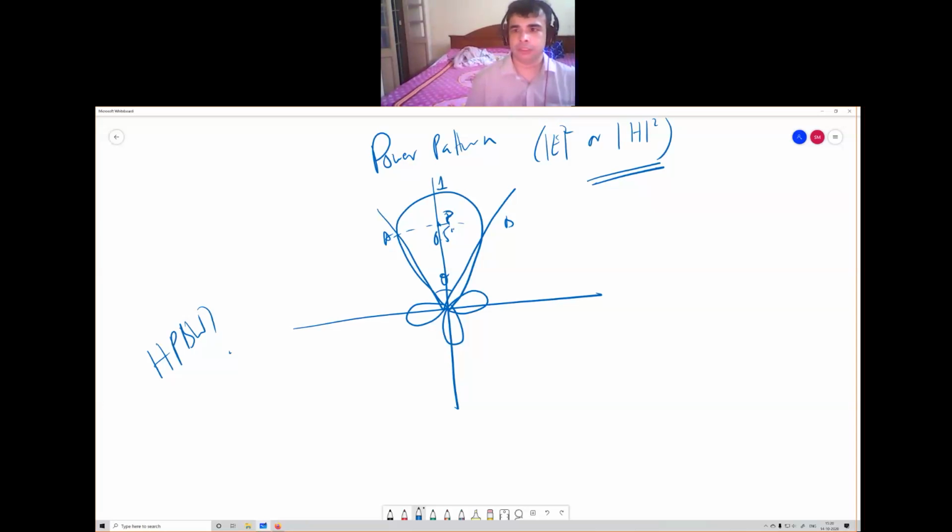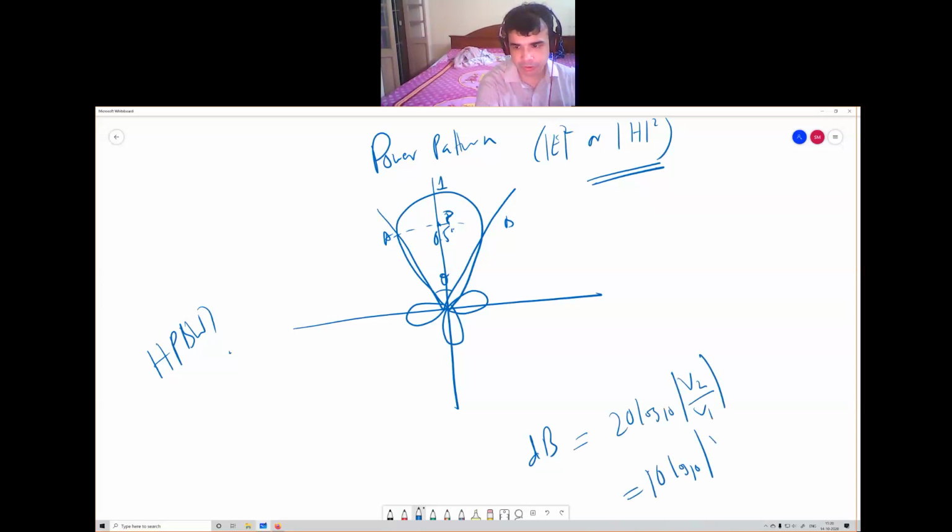Are you familiar with dB scale? Do you know dB? Yes, decibel, right? It is 20 log 10 V2 by V1, or in terms of power 10 log 10 P2 by P1.